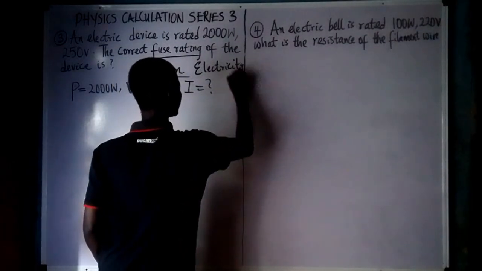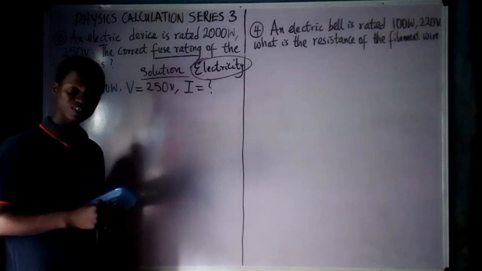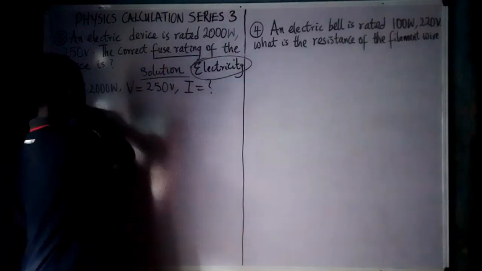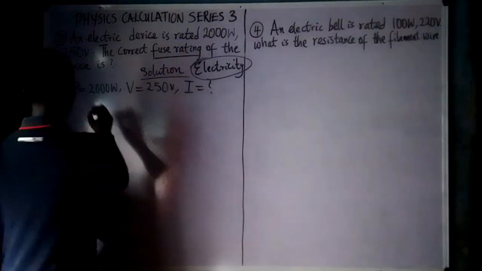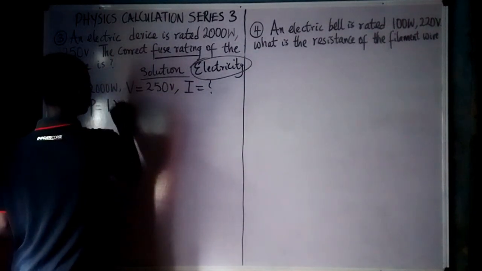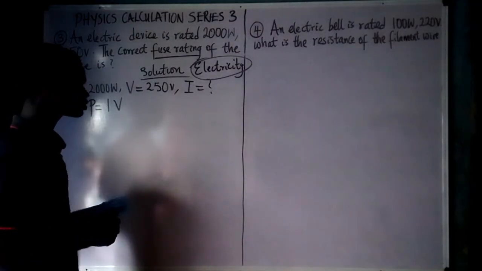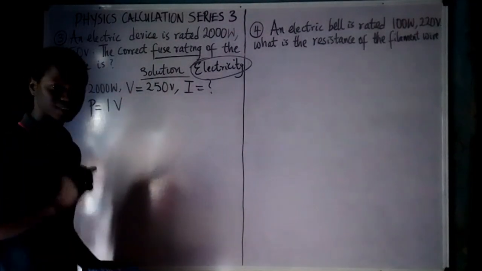Under electricity, the formula that connects power with voltage and current is that power is simply equals to current times voltage. And this is the formula we'll be making use of because it's all encompassing. It has all these parameters in it at the same time.